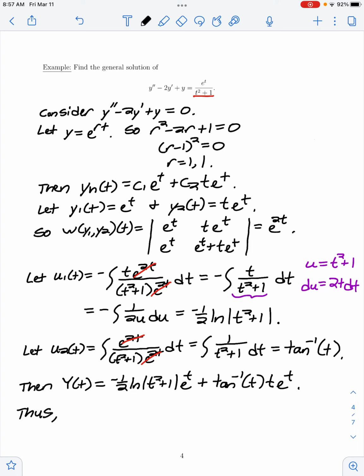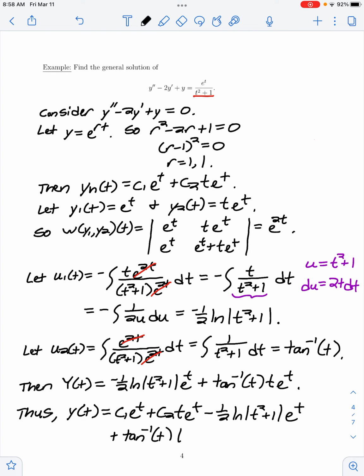And so my general solution to this equation is then the sum of my homogeneous solution, C1 e to the t plus C2 t e to the t, and my particular solution, which was negative 1/2 natural log of t squared plus 1 times e to the t, plus arctangent of t times t e to the t.